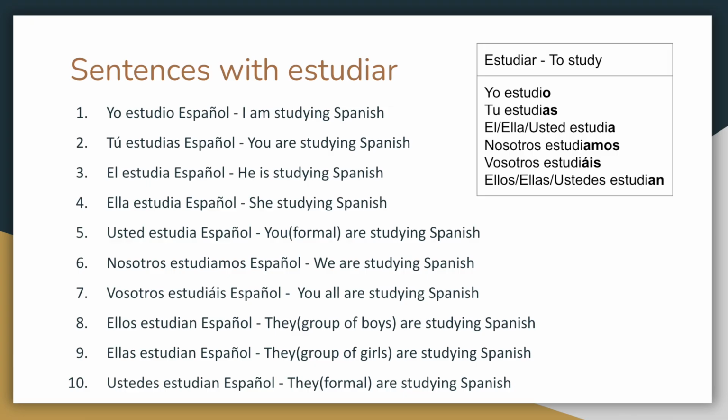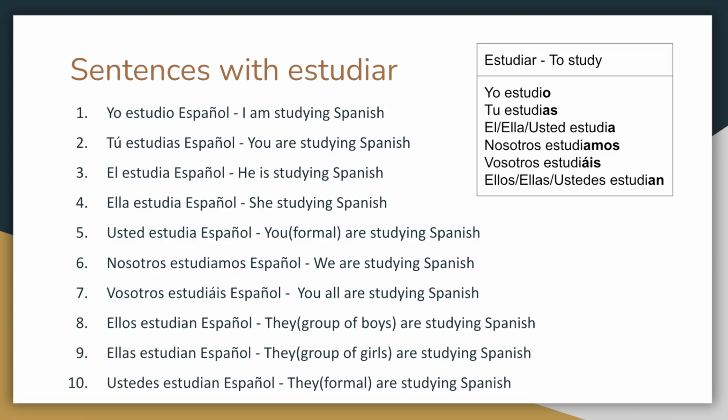Ellos means they for a group of boys, and estudiar is the verb, which means to study. The pattern for ellos is an, so it's correctly conjugated. So ellos estudian español means they are studying Spanish for a group of boys. And it's the same meaning for ellas and ustedes, except for ellas, it's for a group of girls, and ustedes, it's for like a group of people you respect.